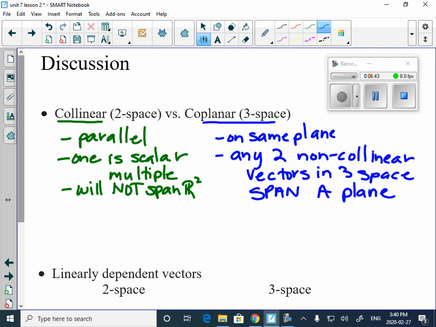Okay? So any other vector on that plane can be written as a linear combination of them.